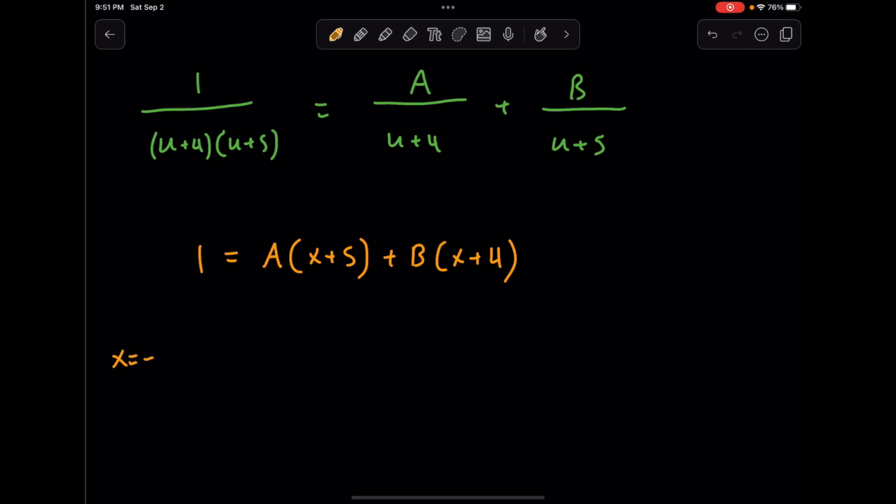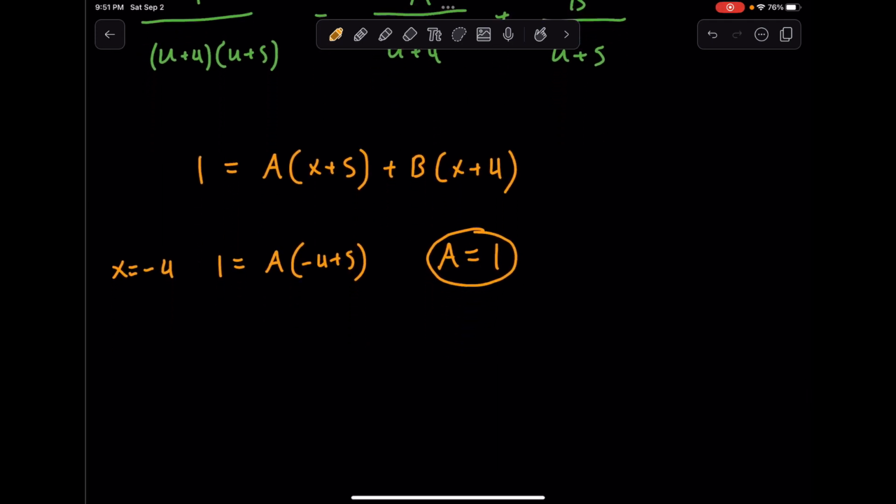So x equals negative 4, 1 equals a times negative 4 plus 5, that's just 1, so that means that a is equal to 1. Now we need to solve for b. And to make this term equal to 0, we need to set x equal to negative 5. So when x is equal to negative 5, 1 is equal to b times negative 5 plus 4. And this is negative 1, which means that b is equal to negative 1.